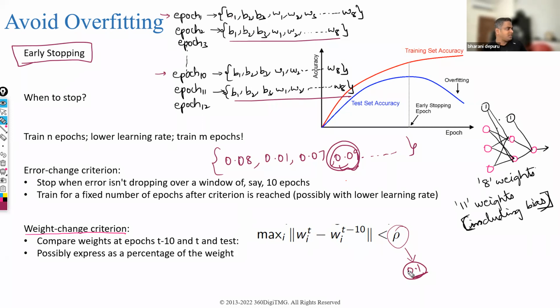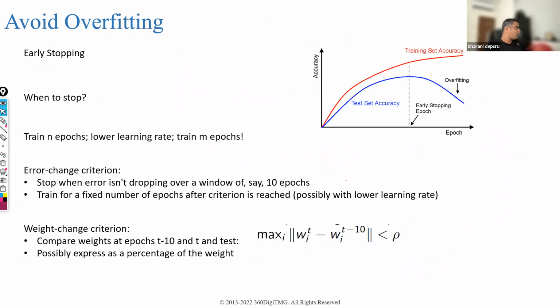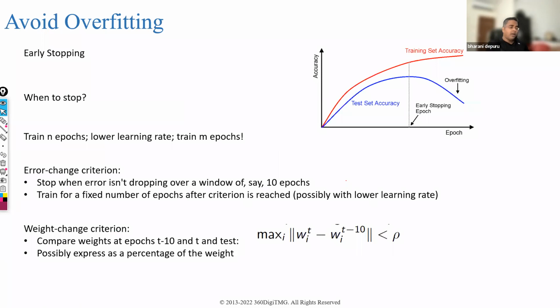Okay. Rather than just looking at a number, you can also put conditions such as percentage. If the maximum weight change is less than some 1%, then stop. Do not train it any further. Yeah, this is what is called as weight change criteria. This is one technique to avoid overfitting.